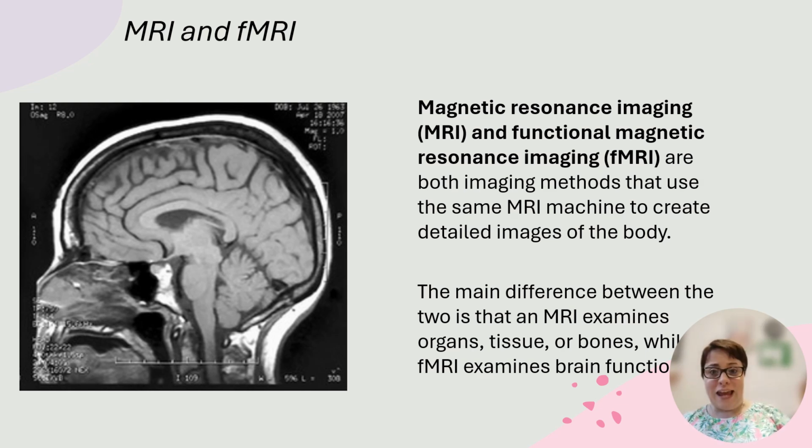So MRI and fMRI in particular are safe and quick means of generating images of the structure and function of the brain. Moreover, the latest technology involves combining MRI methods to allow detailed spatial mapping, excellent temporal resolution, as well as the ability to look at white matter, which is the axon connections of the brain, and gray matter, which are the neuron cell bodies, right?